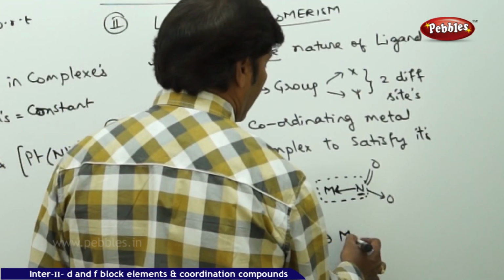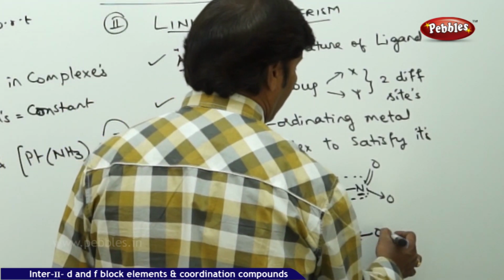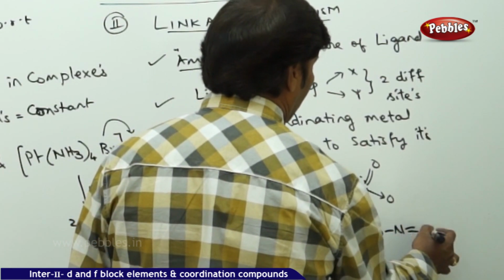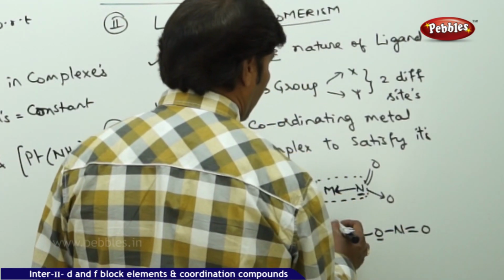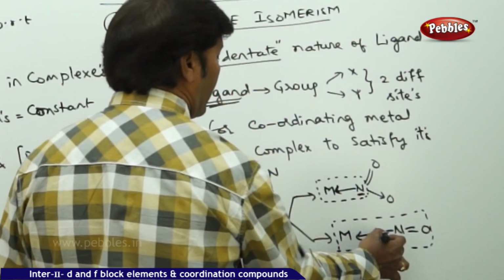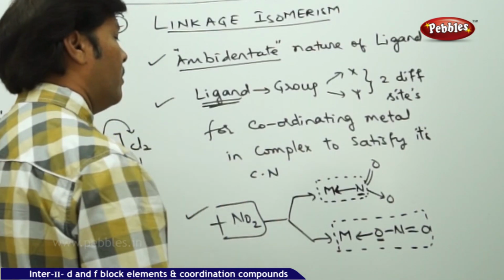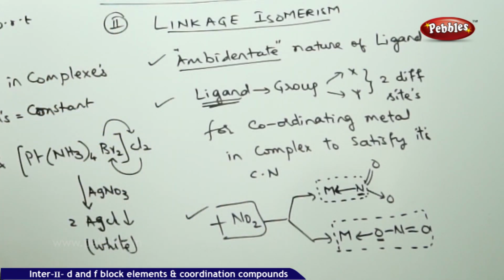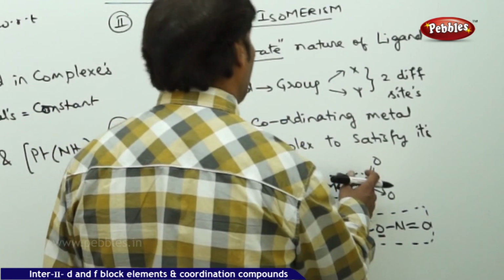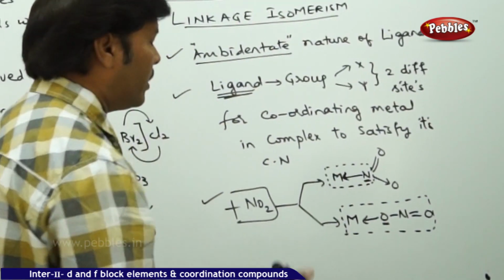In the next case, the metal coordinates with the oxygen, and you find a single bond to nitrogen and a double bond to oxygen. In the nitrito case oxygen coordinates with the metal, and in the first case nitrogen coordinates with the metal.